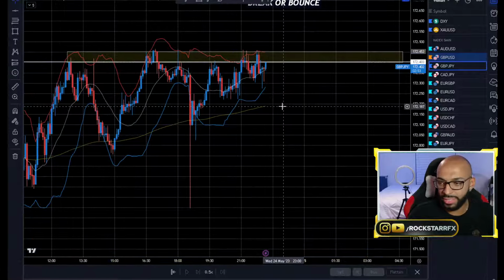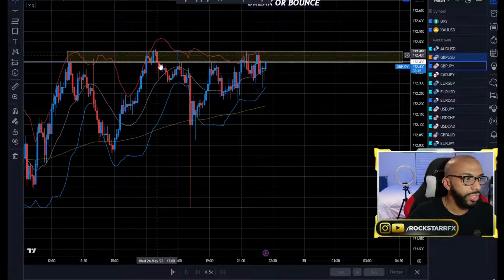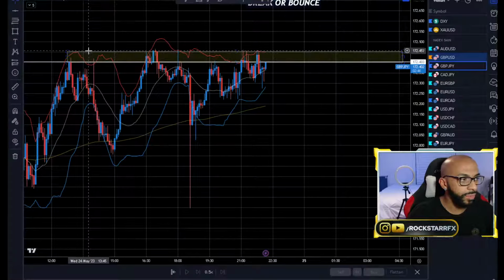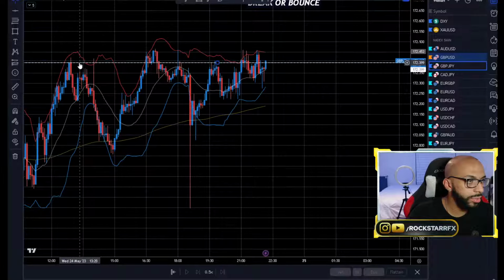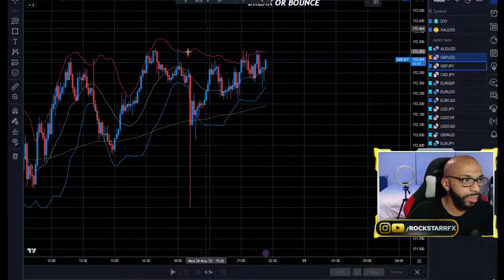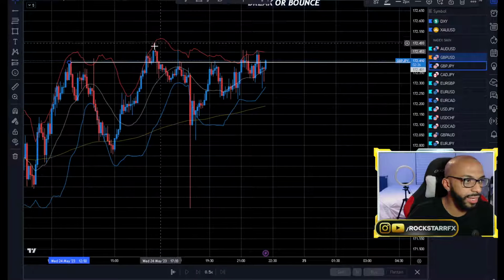So what happens is that sometimes as new traders, you'll come in and maybe you'll have a resistance line here. Let's get rid of this. You'll put a resistance here, and then the market comes up to here.